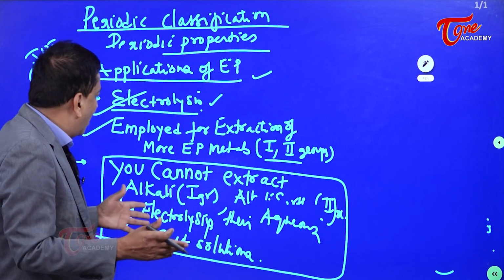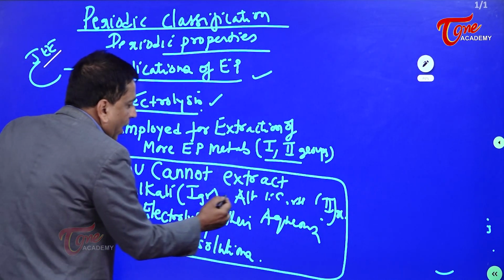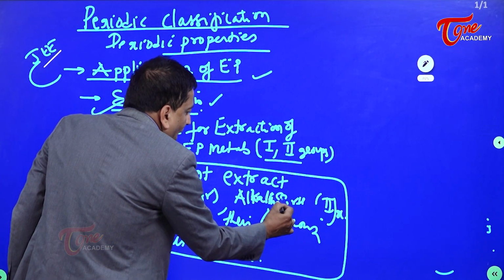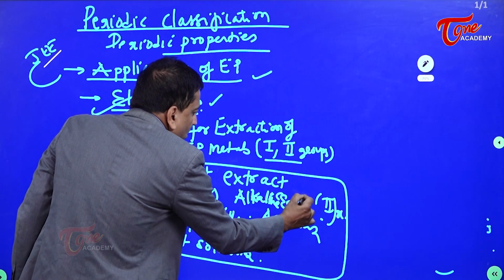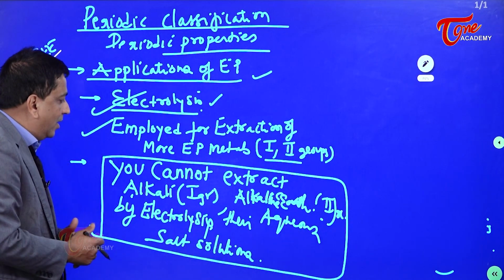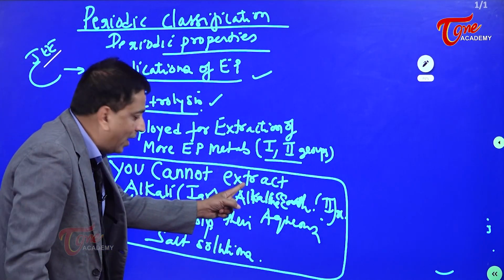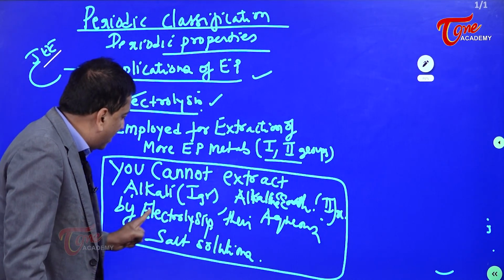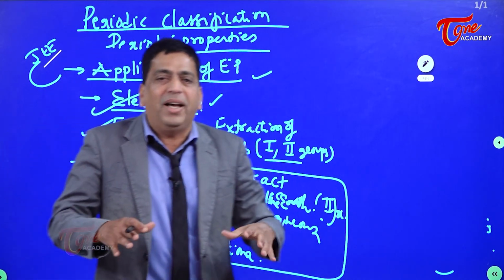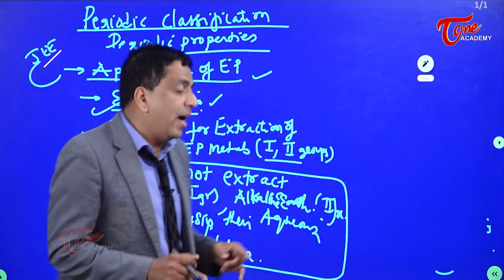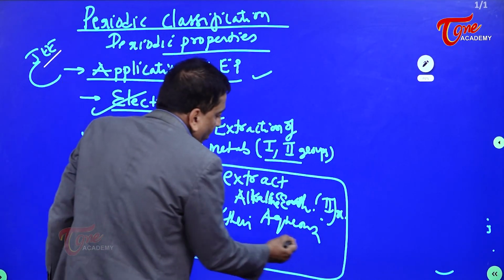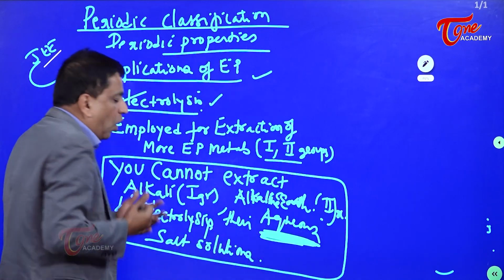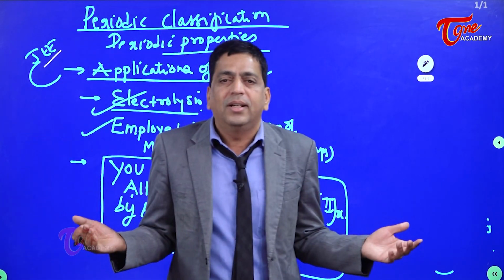You cannot extract alkali or even alkaline earth metals by electrolyzing, and I would like to underline this, their aqueous salt solutions. You must understand.